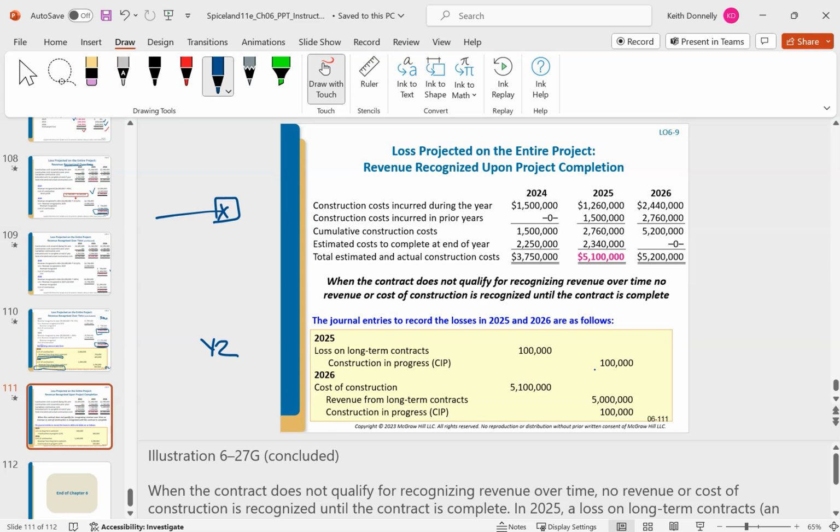So year 2, you would recognize 100,000. That's when it occurred. Year 3, the remaining 100,000. That would be the CIP there for how it breaks out in that case. And then that ends up netting to a loss.